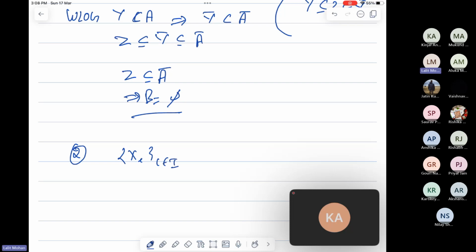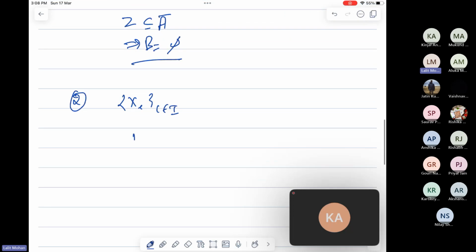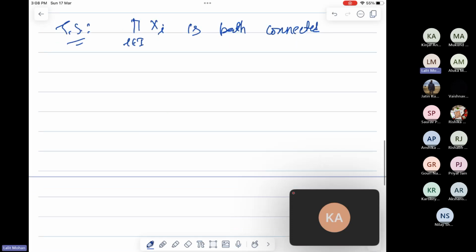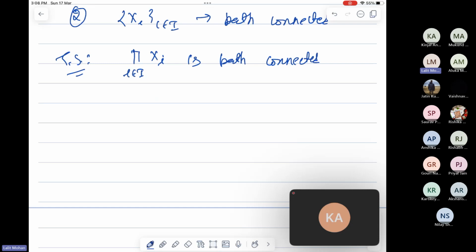So now the second question is, we have to show that suppose the X_i's are path connected. Each X_i is path connected. Then we have to show that this product is also path connected. So now observe one thing, that this product can be uncountable, can be countable, can be finite.